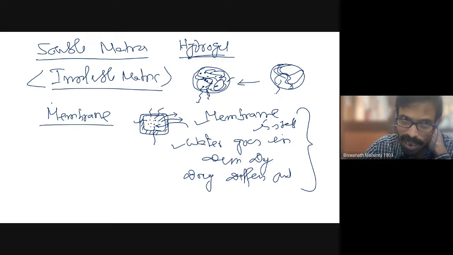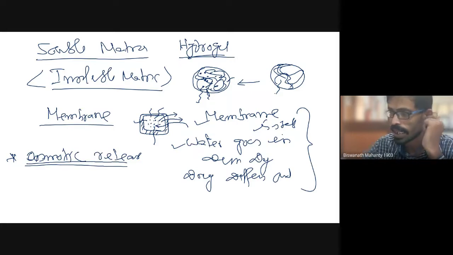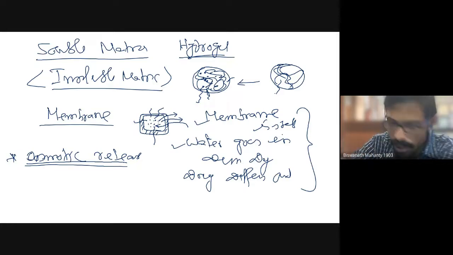The last approach for sustained release formulation in theory is osmotic release. I'll come to the textbook later on. Osmotic release. What is this? This is also very interesting, but there are some small differences compared to this one.